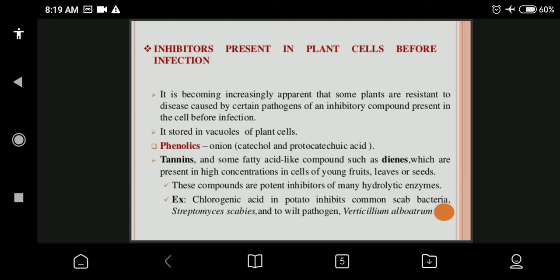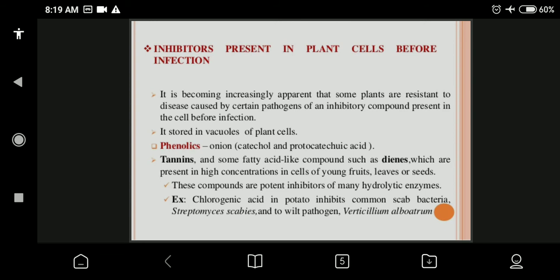Phenolics. Protocatechuic acid and catechol are produced by the onion, which inhibit the entrance of pathogens in the onion.